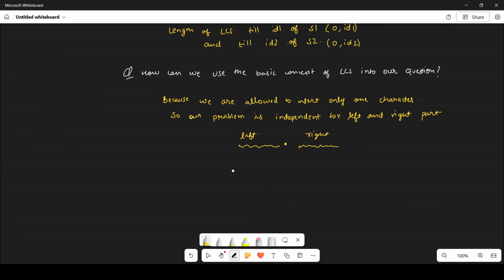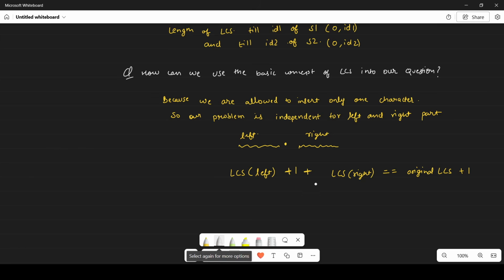So if you somehow find the LCS of the left part and find the LCS of the right part, plus 1 in between, and it is equal to the initial, or you can say original, LCS plus 1, then you find a way to insert a character such that your LCS increases by 1.